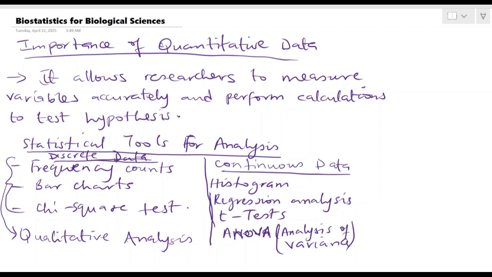So continuous data allows for precise calculation, trends, and analysis in biological research. And all of this is under the quantitative analysis. Let me break it down like the other one.